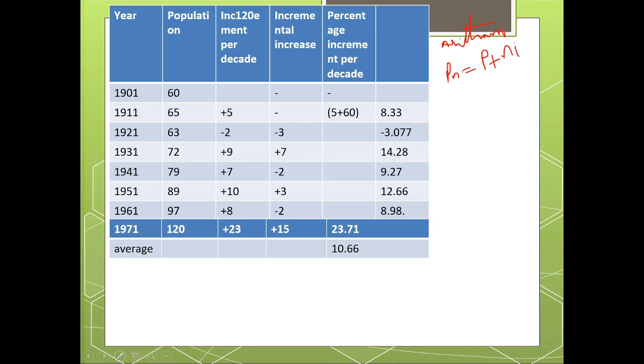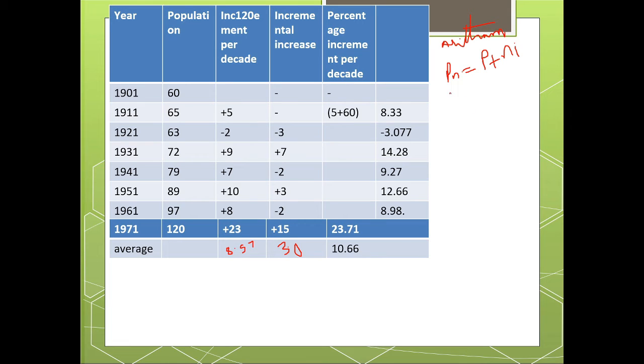We don't need this average value, we need this one. Average you will get 5.57, for this you will get 3.0. Like this you will get the average.